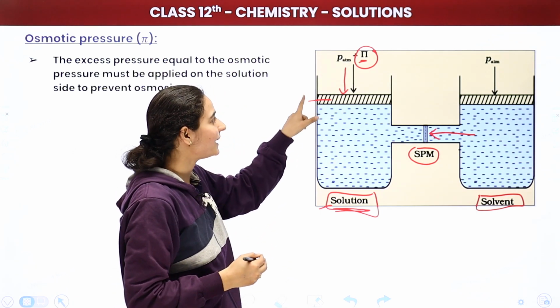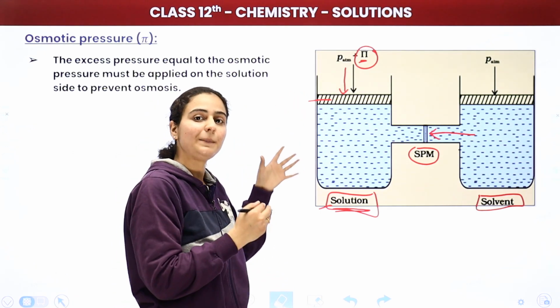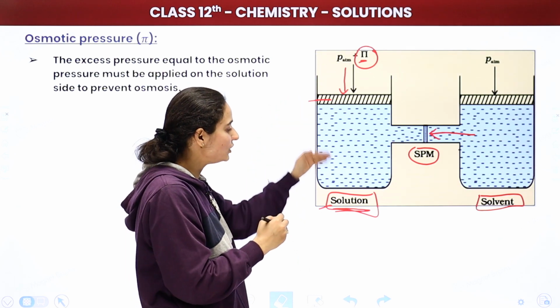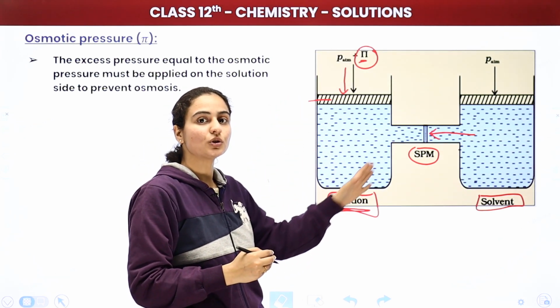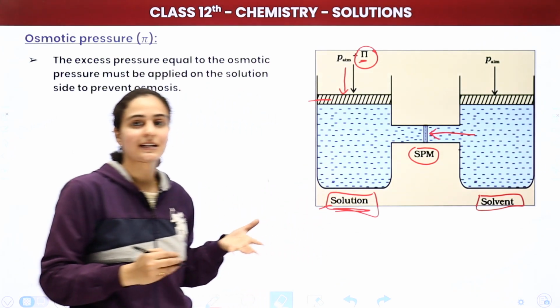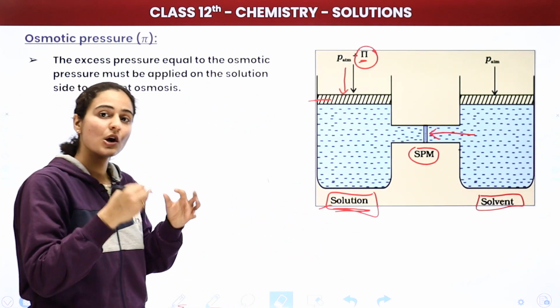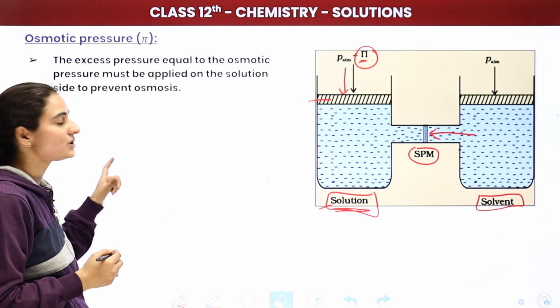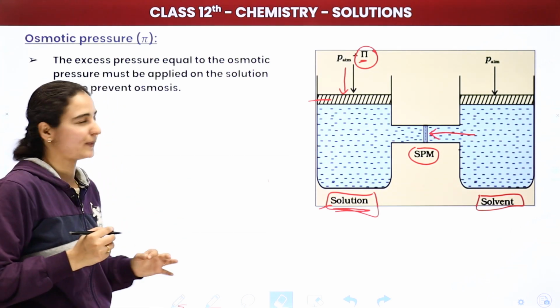हमें क्या करना है? हमें excess of pressure apply करना है on the solution side ताकि हम लोग जो मूवमेंट है सॉल्वेंट का उसको रोक सके, और that excess of pressure is known as osmotic pressure, which is a colligative property.